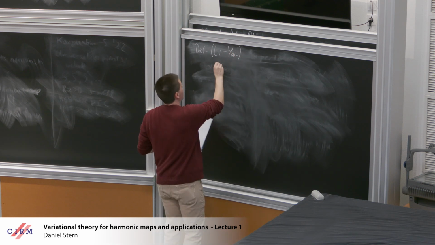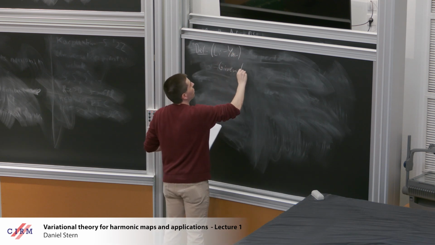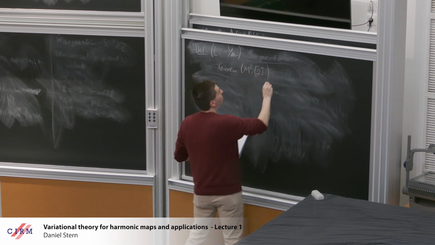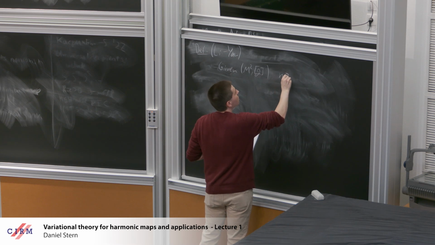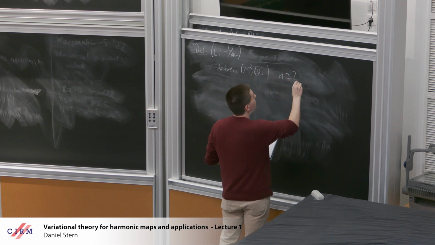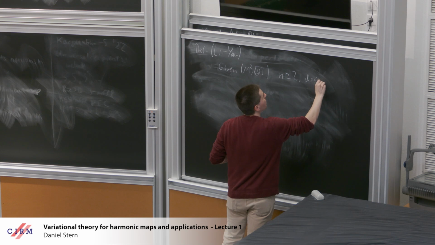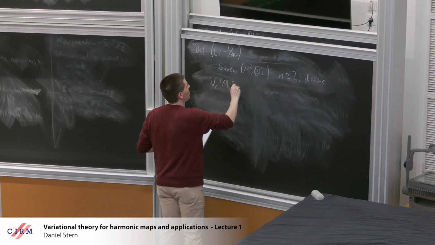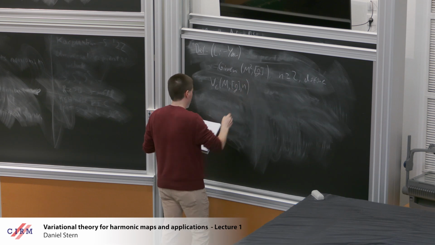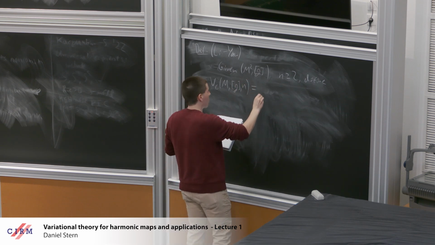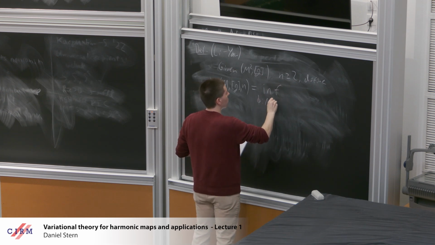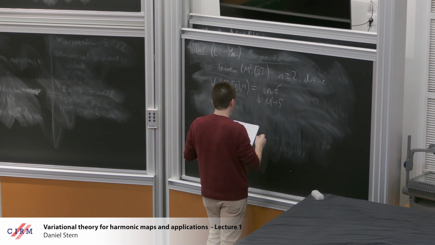Okay, so given some conformal structure on our closed surface, and given some n at least 2, let's define the nth conformal volume as follows. To be the infimum over all branched conformal immersions of our surface to the n-sphere.